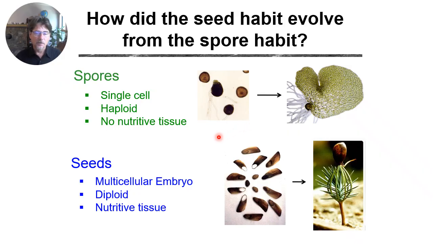And in fact, botanists believe that this process probably occurred multiple times. So there is probably no single origin for seed plants, which makes the classification of seed plants a little bit challenging because, again, they probably represent different evolutionary lineages. But in all cases, certain things had to happen for seeds to evolve.